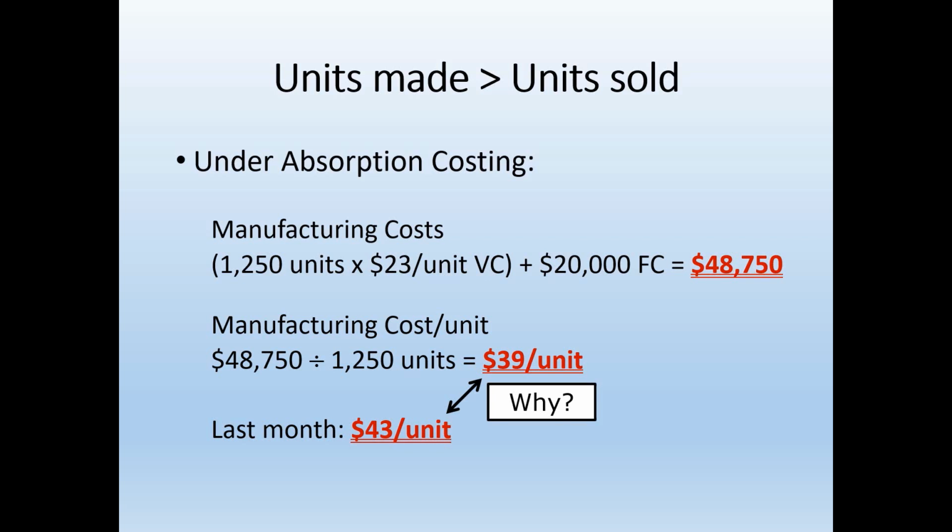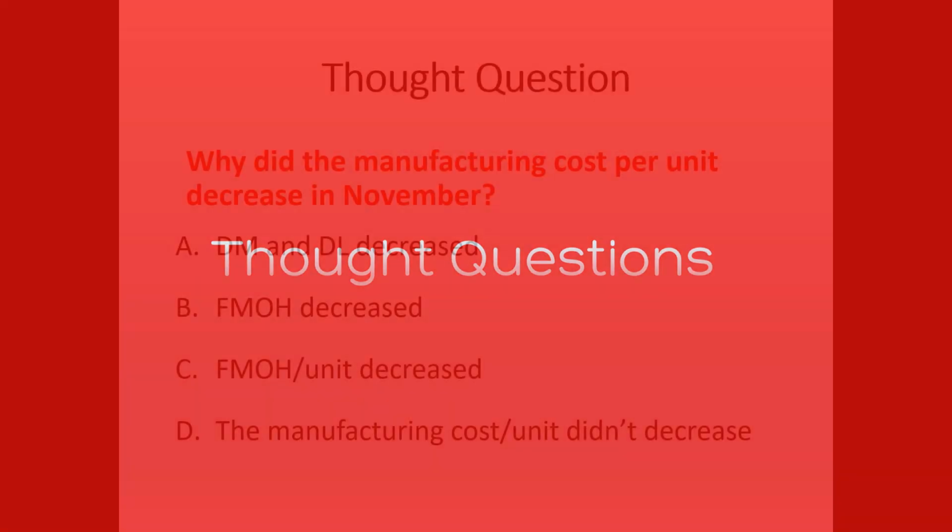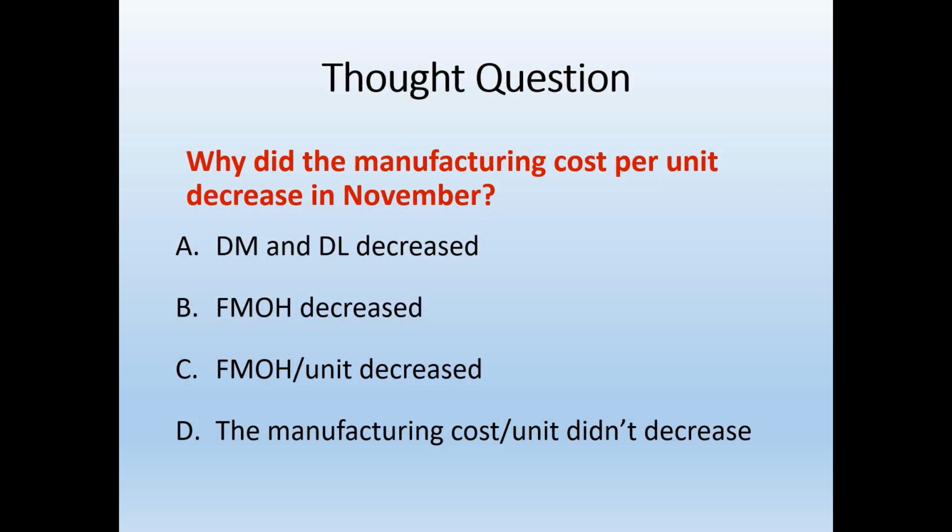The selling price didn't change. Why did the manufacturing cost per unit change? Well, that's a very good question. Why do you think the manufacturing cost per unit decreased in November?